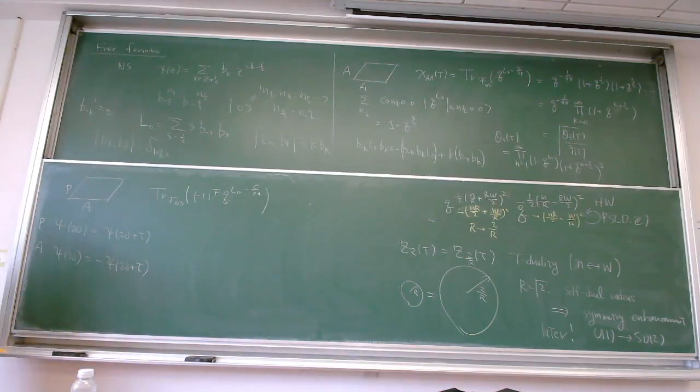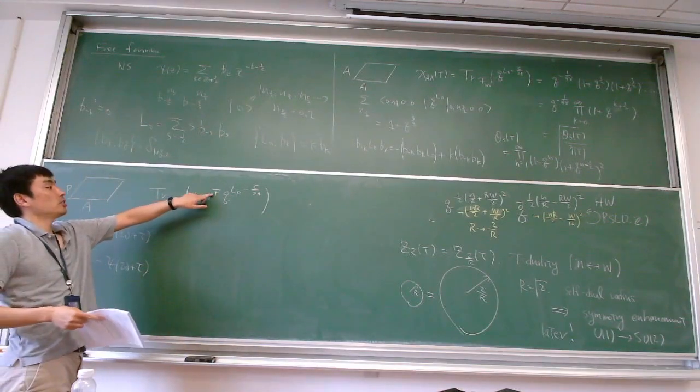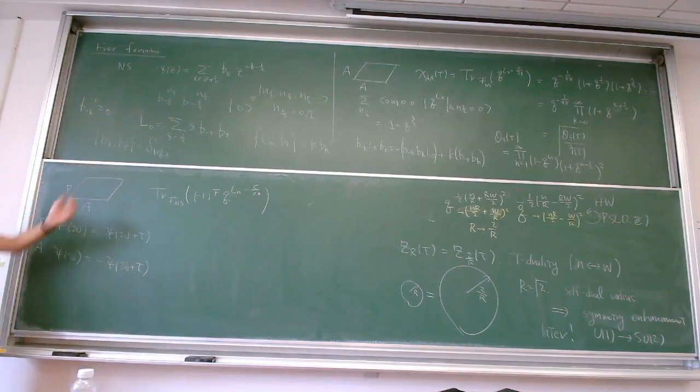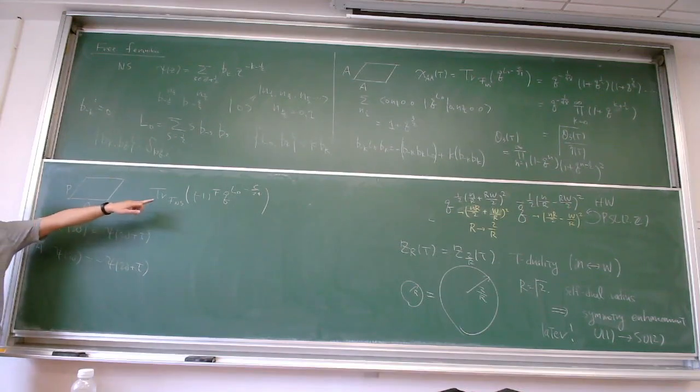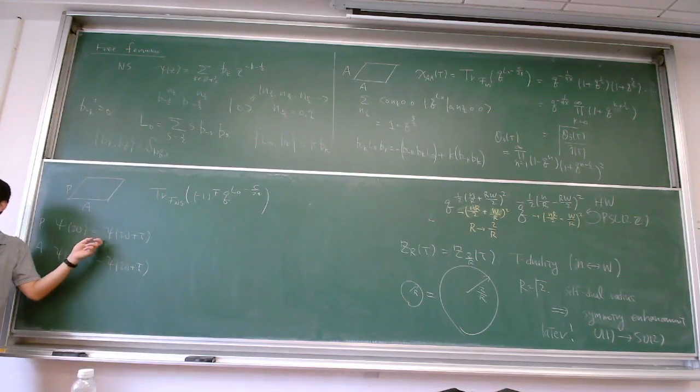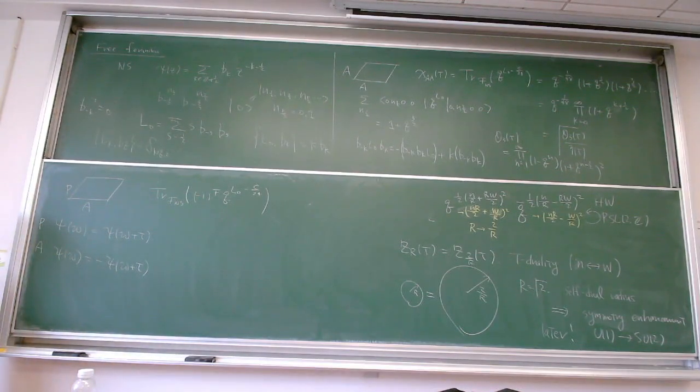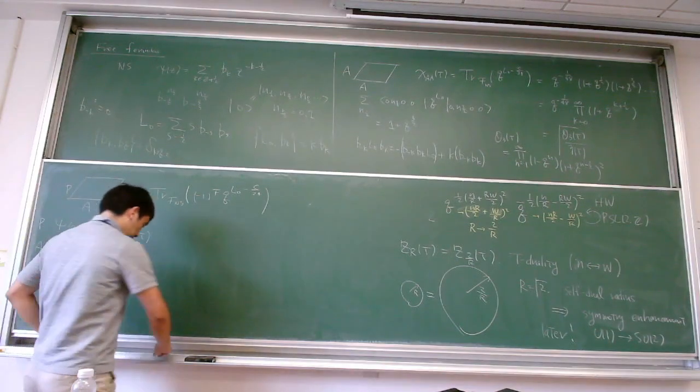So this minus 1 to the F, if you have periodic top and bottom, introduces another minus sign. The minus sign cancels with this minus sign, so you get a plus sign. F is called the fermion number.